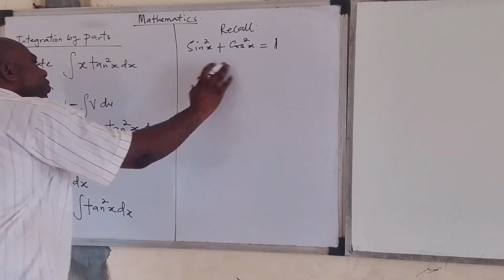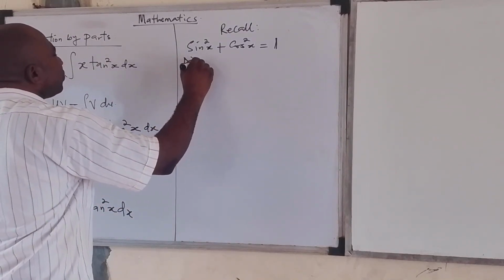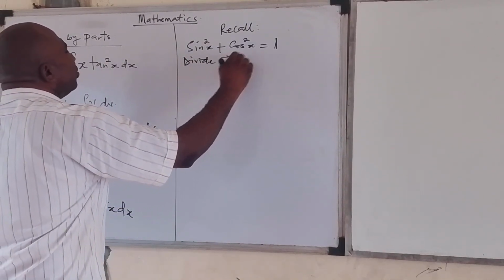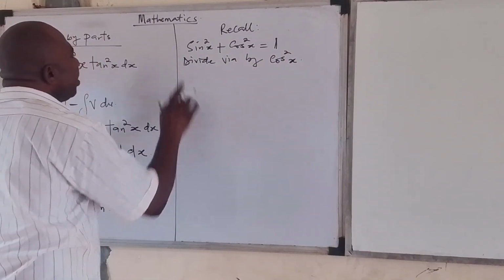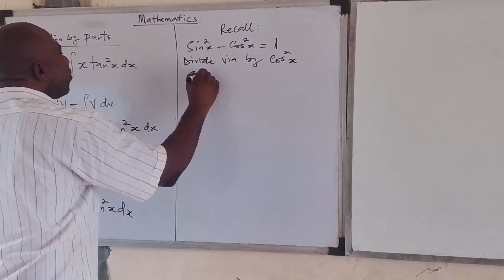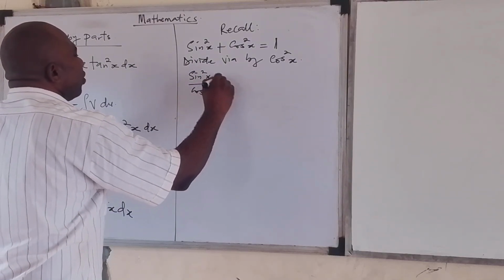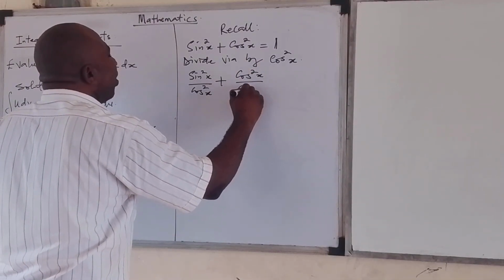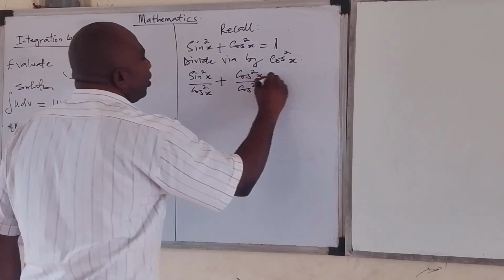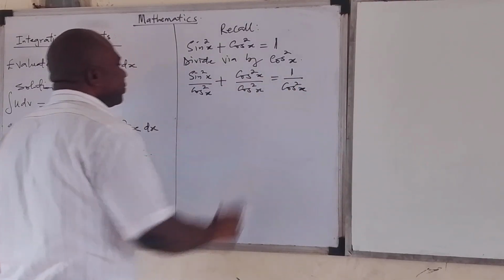When you divide through by cos squared x, we have sin squared x over cos squared x plus cos squared x over cos squared x equal to 1 over cos squared x.